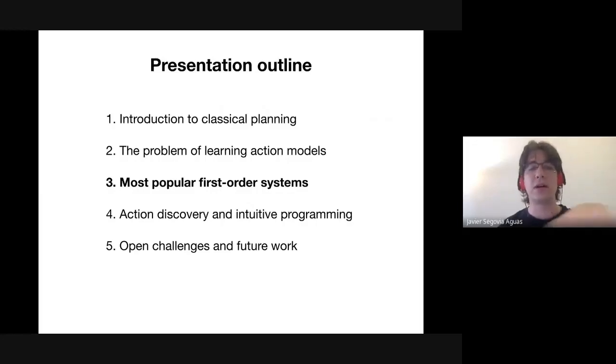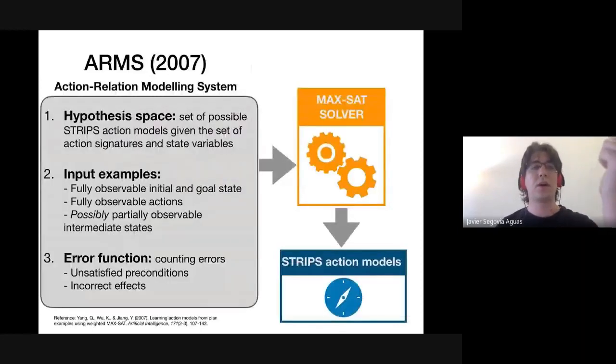So what are the most popular first order systems? Now we will do a short review of the most popular systems, which are ARMS in 2007, for instance, maybe the first that achieved some solutions for this problem with some relevance. The hypothesis space is the set of STRIPS action models given the set of action signatures and state variables.